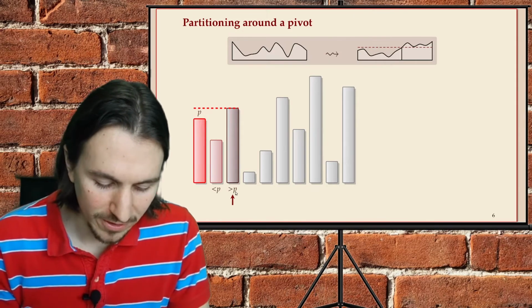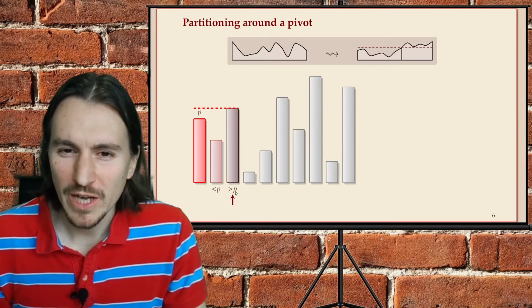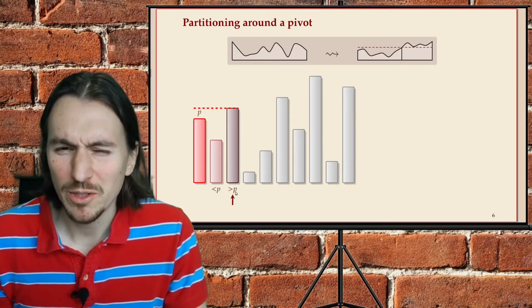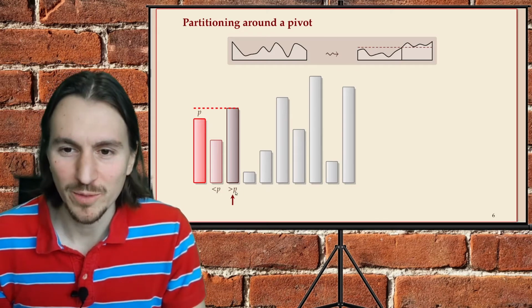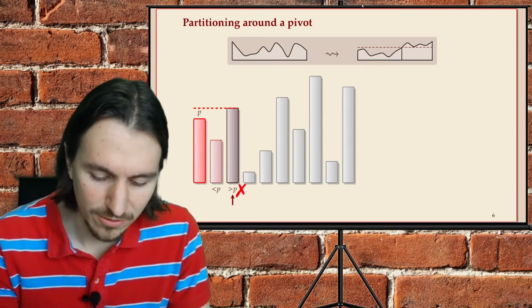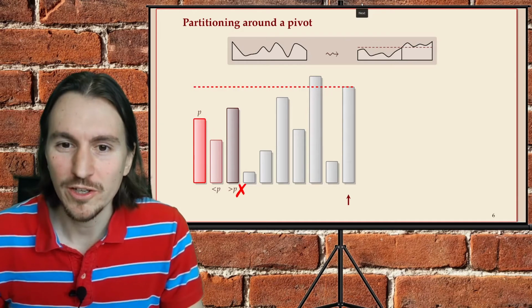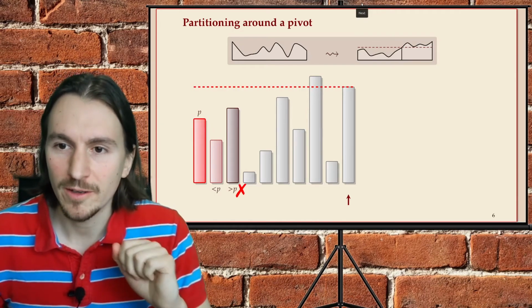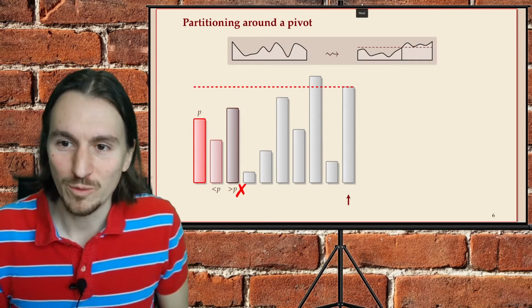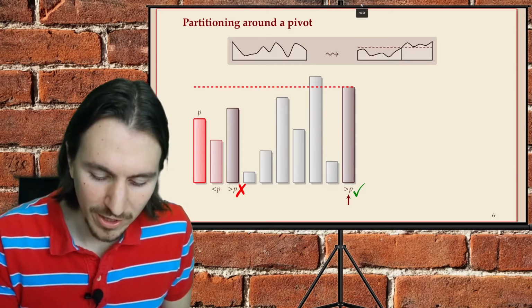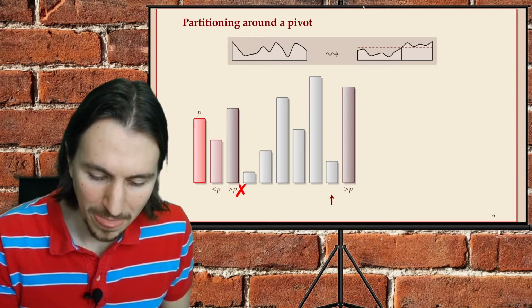This is a bigger one. It's bigger than the pivot. So it has to go to the right side. We don't know where the right side is at the moment, but that's now the key trick here. We just remember that it's on the wrong side. And now we start a process from the other end and look what elements we find there. The first one is big, which means it's on the right side.